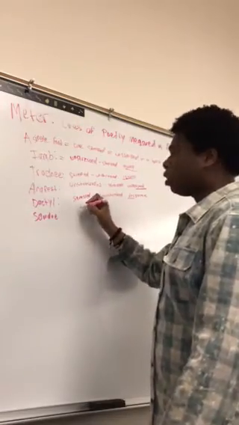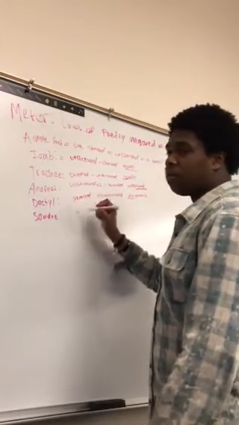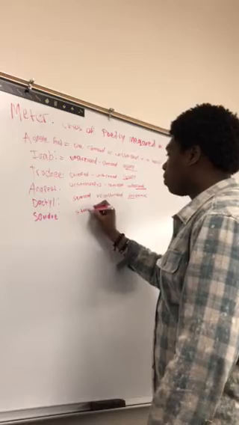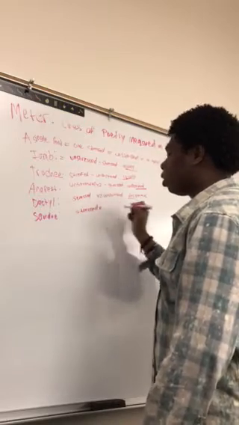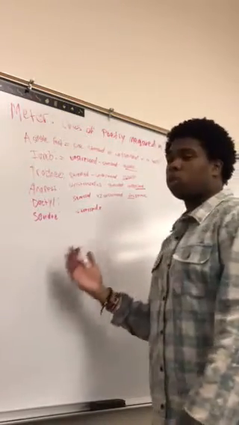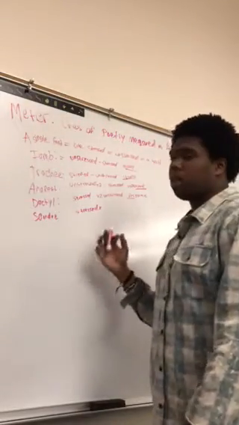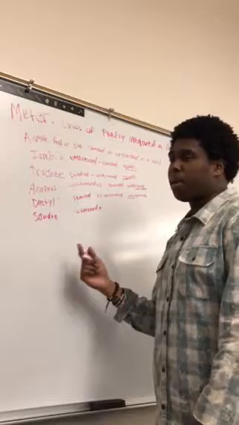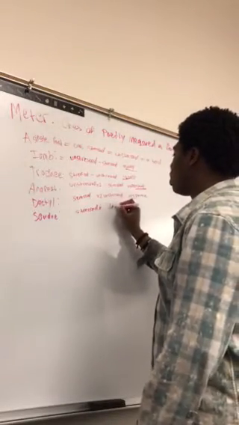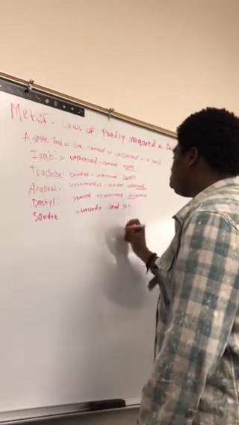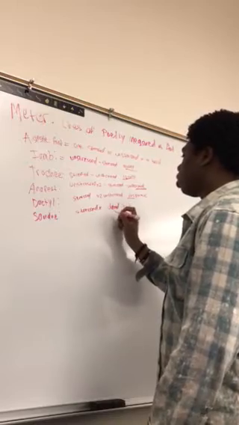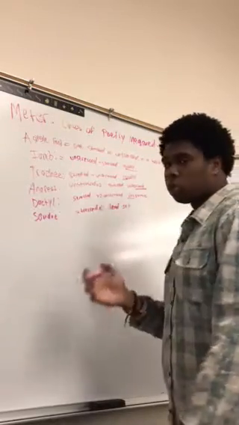And then lastly, the spondee is made up of 2 stressed syllables back to back. So it'd usually be 2 separate words because that would be the best way to make 2 stressed syllables back to back. So take dead set, for example, 2 separate words, but they're 2 stressed syllables in a row.